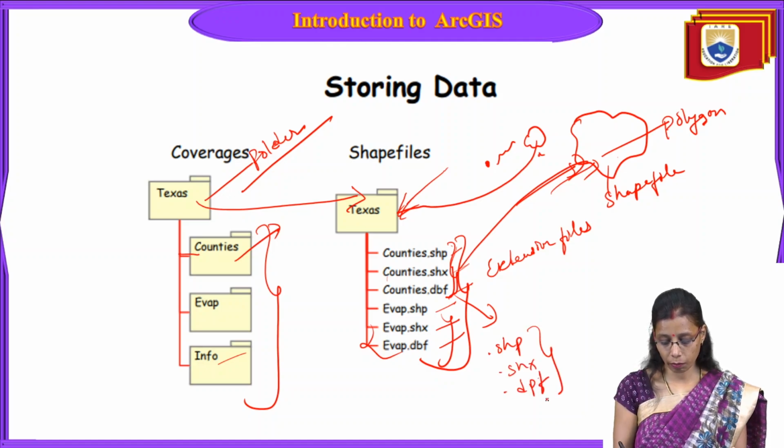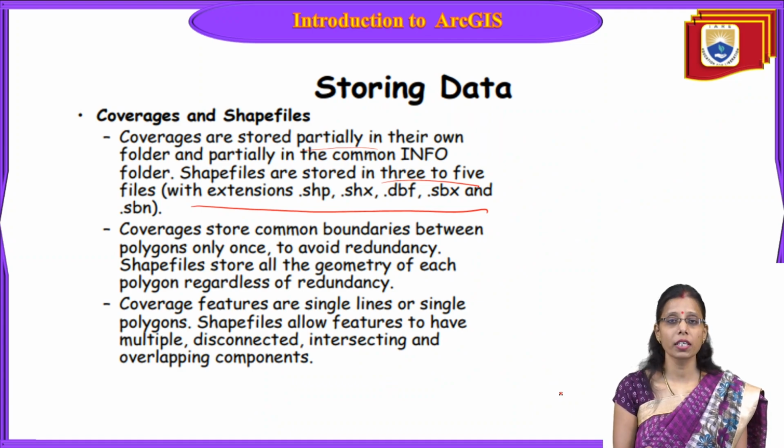When you convert this into coverages, .sbx and .sbn will be added. Coverages store common boundaries between polygons only once to avoid redundancy, and shapefiles store all the geometry of each polygon regardless of redundancy.